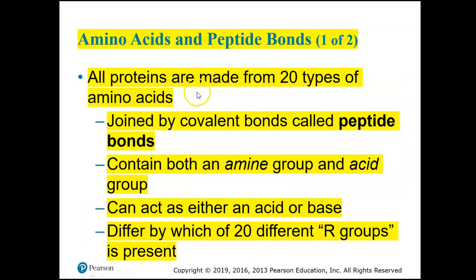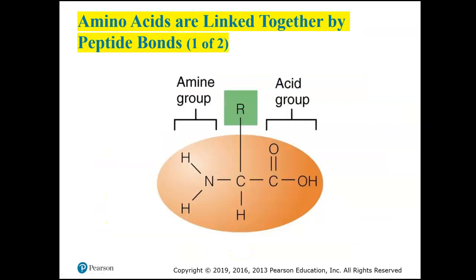All proteins are made from 20 different types of amino acids. The amino acids are joined together by peptide bonds. The thing that makes the 20 different amino acids different is their R group. This is the structure of an amino acid. You have a central carbon.